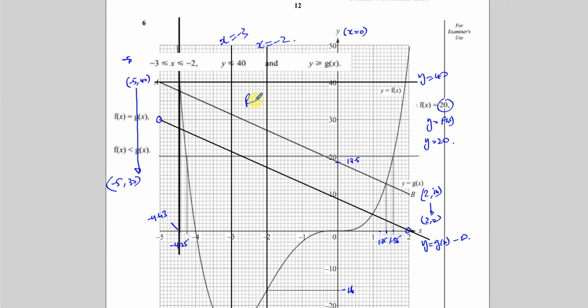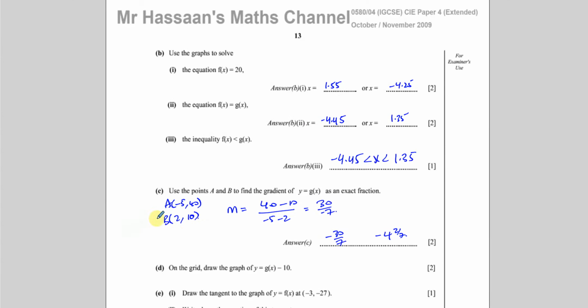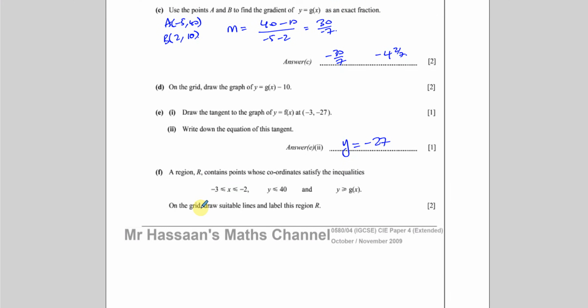It's this region over here. If I was to shade it, I would shade this region. It's this kind of trapezium shape, between minus 3 and minus 2 on the x, less than 40 on the y, and greater than the graph of y equals g of x. So there we have the region R shaded, and that is the answer to the whole of the question. Part F, that's done.